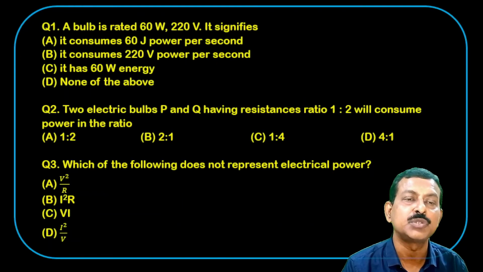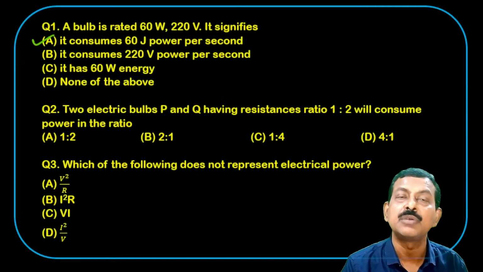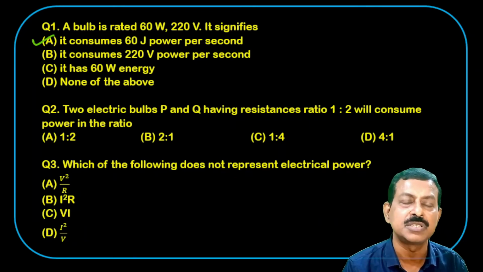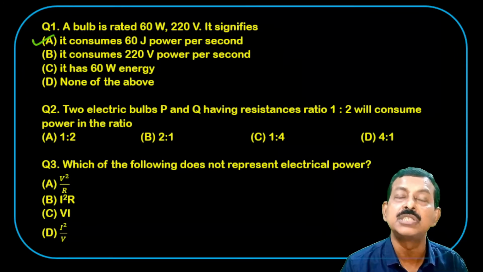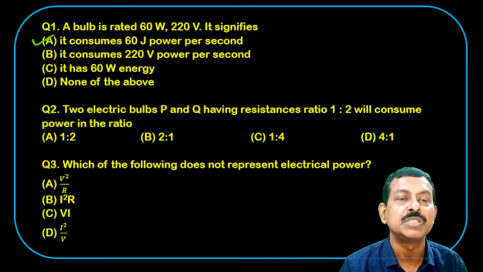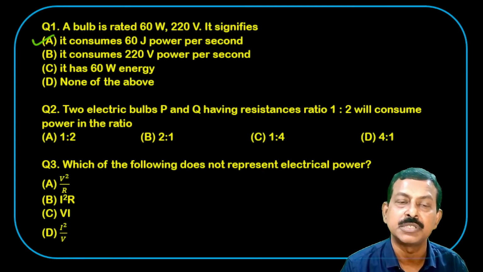So obviously the first one is the correct one. Second one says it consumes 220 volt power per second, so this is wrong. It has 60 watt energy, this is also wrong. 60 watt is there, but that is not energy, it is power. So obviously the first one is the correct option.